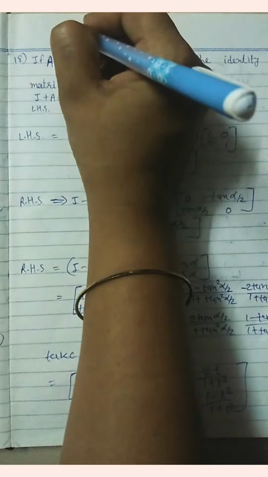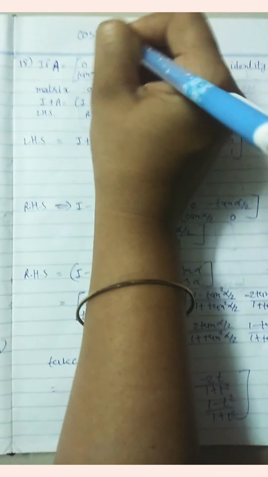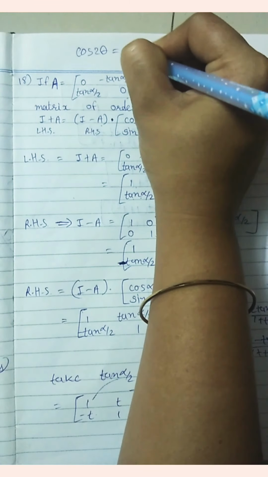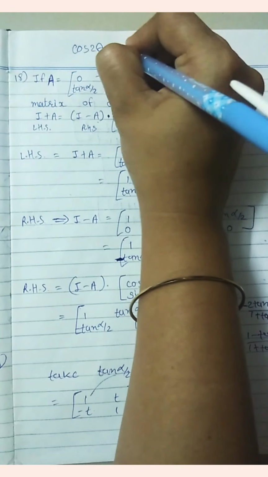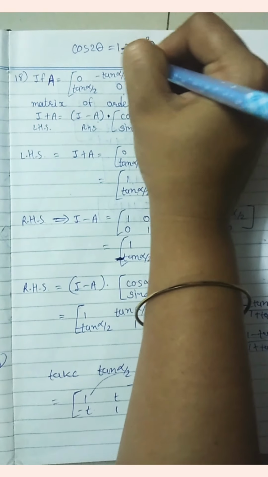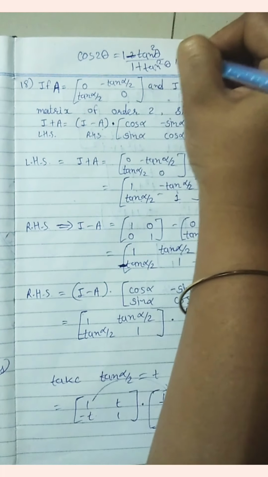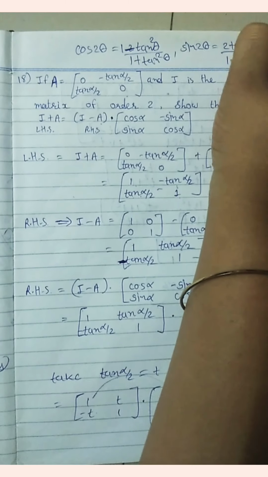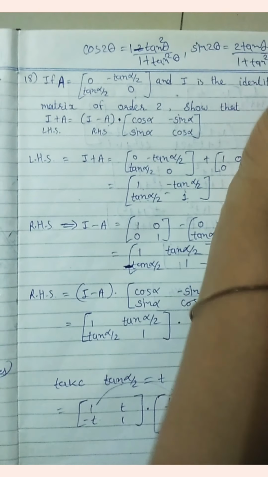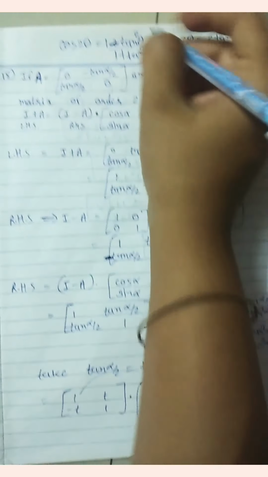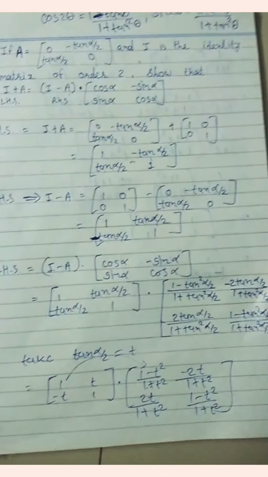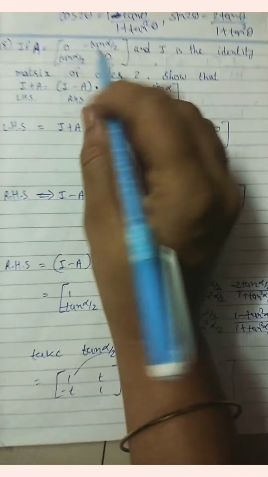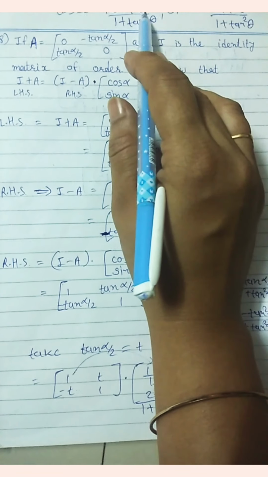Which formula? Cos 2 theta is equal to 1 minus tan square theta upon 1 plus tan square theta, and sin 2 theta is equal to 2 tan theta upon 1 plus tan square theta. I hope you remember this formula. If you are not, then just revise your chapter number 3. Okay, so here it is 2 theta, and in tan it is theta.